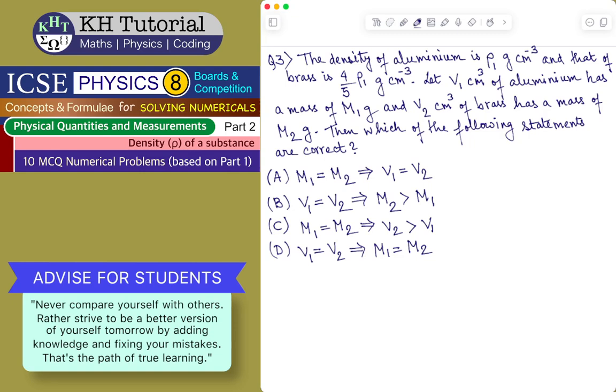So the density of brass is 4/5 of the density of aluminium. Let V1 centimeter cube of aluminium have a mass of m1 gram, and V2 centimeter cube of brass have a mass of m2 gram. Then which of the following statements are correct?